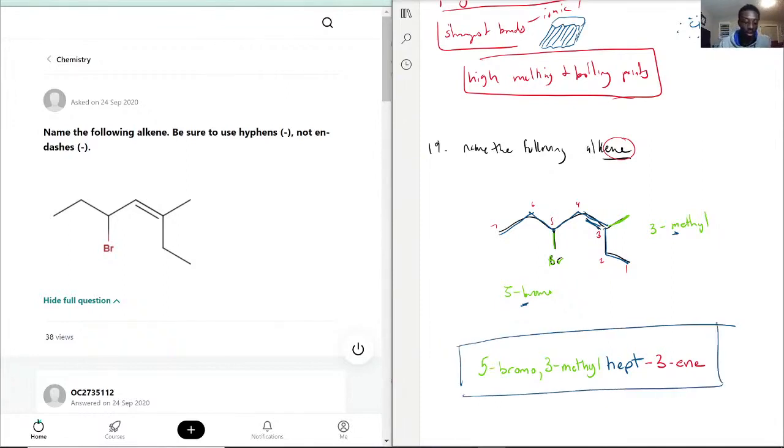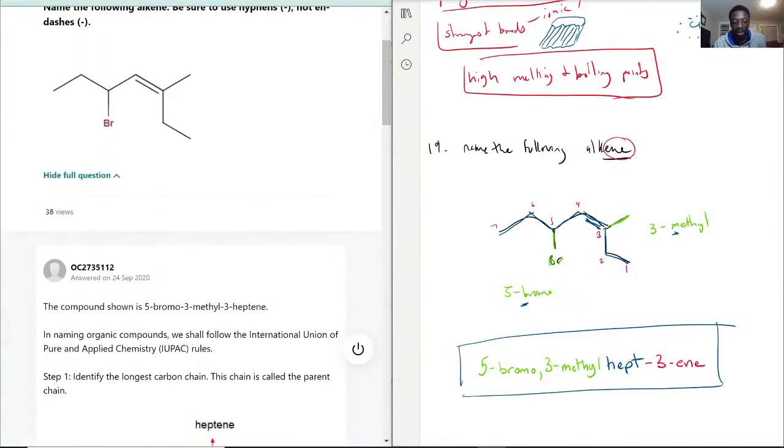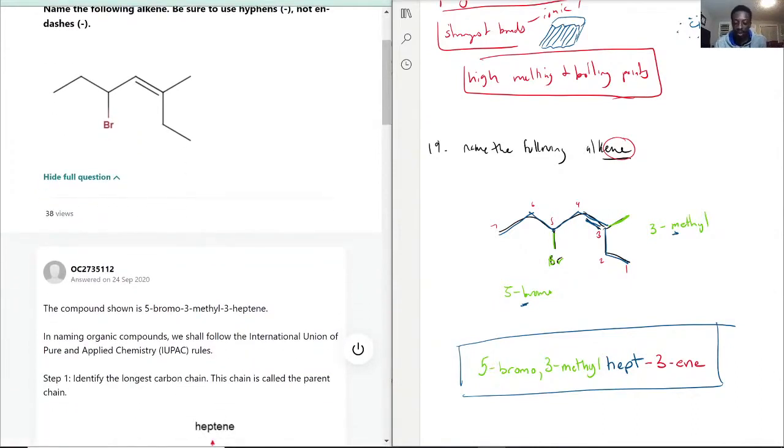Okay, let's see how we did. 5-bromo-3-methylheptene. So they do have a comma here, depending on how they want it done.